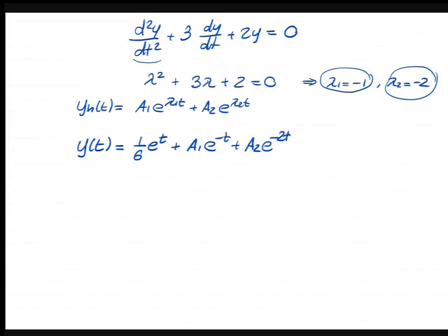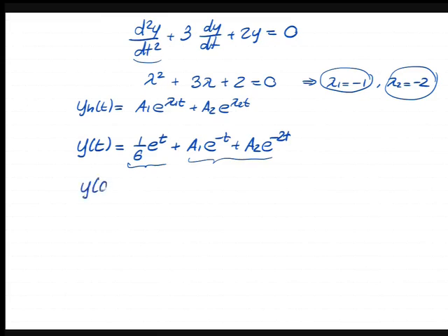Now, if you substitute this back into the differential equation, the original one with the forcing, it will still satisfy it no matter what a1 and a2 are, right? Because these two will make the left-hand side with the derivatives equal to 0, and this one will make the left-hand side equal to the forcing term. So the whole thing is a solution. There's a continuum of solutions. For any a1 and a2, this is a solution. How do I select a1 and a2? By setting the initial conditions.